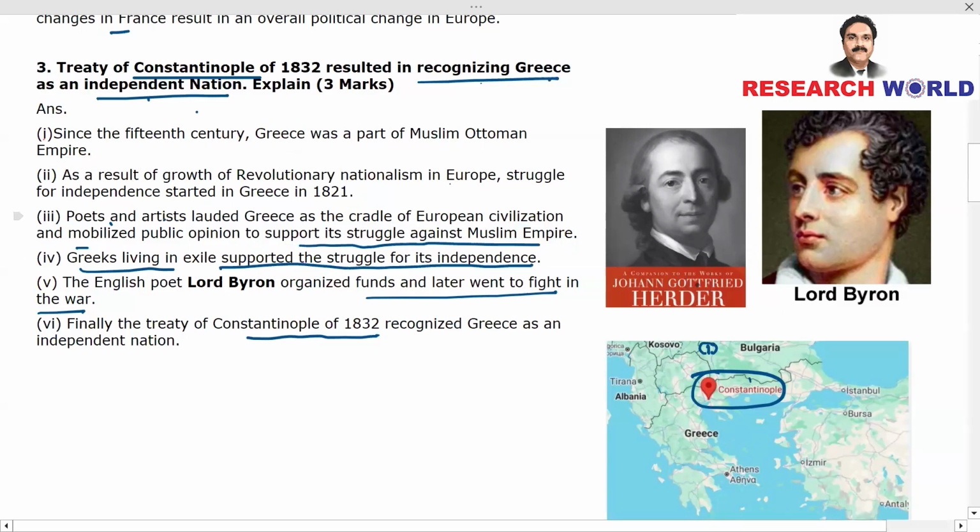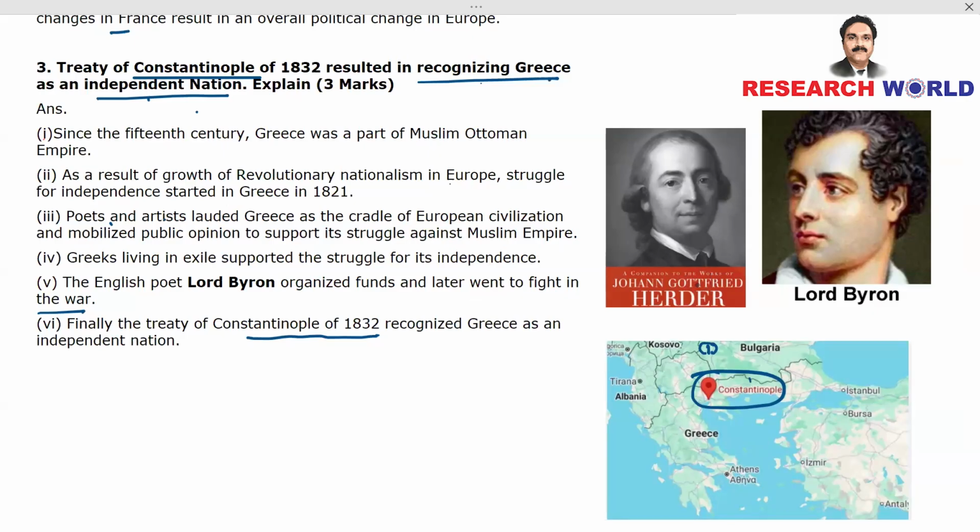Poets and artists lauded Greece as the cradle of European civilization and mobilized public opinion to support its struggle against the Muslim empire because predominantly European nations are Christian. Greeks living in exile supported the struggle for its independence. The English poet Lord Byron organized funds and later went to fight in the war. Finally, the Treaty of Constantinople of 1832 recognized Greece as an independent nation.